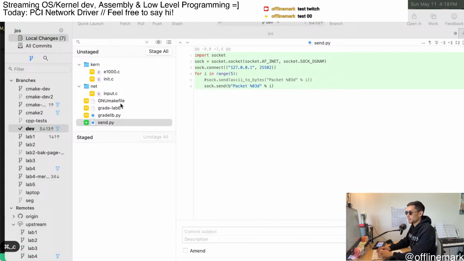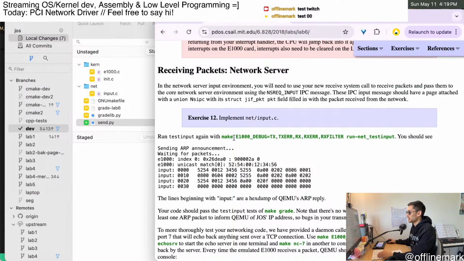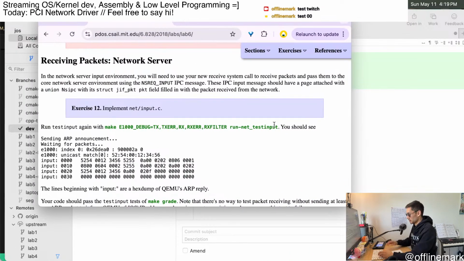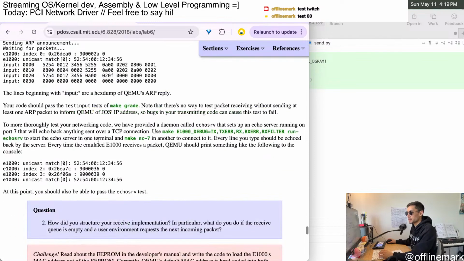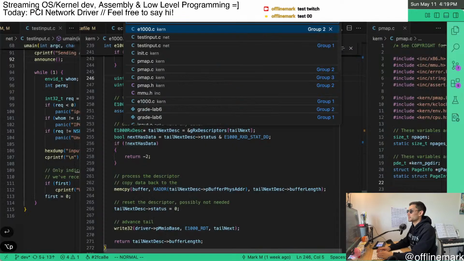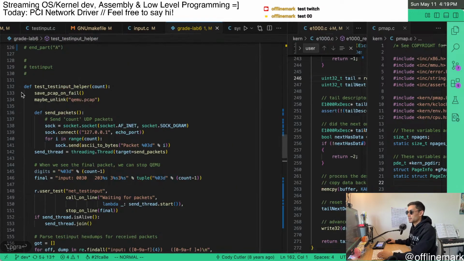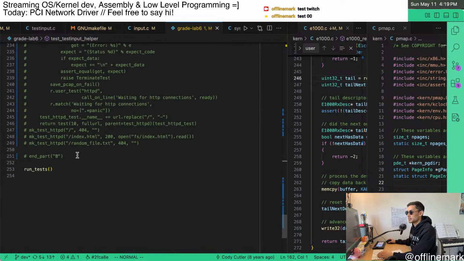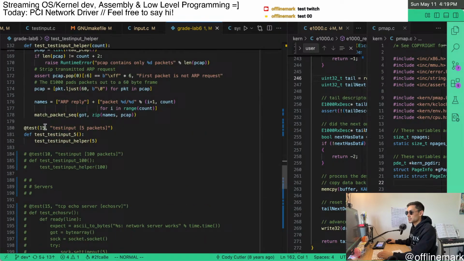Let's take a look at the tests now. Or rather, let's quickly check back on the lab. The lab's saying you should pass the test input tests of make grade. And what it's talking about are these test input right here.